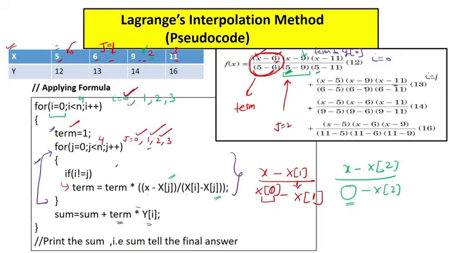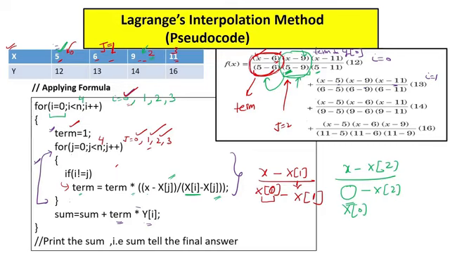So this thing is not dictated by j, this is dictated by the i only. So x of i means x of 0, and x of 0 is the same for any value of j. So this will be your x of 0, that is 5. So this term is calculated, and this answer will be multiplied with this term, and again saved inside term.